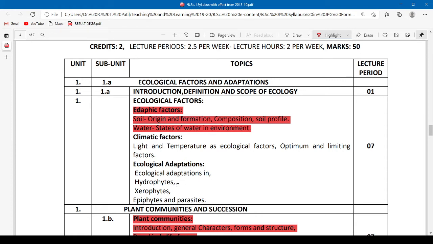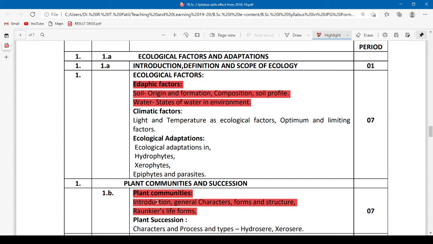These adaptations are called ecological adaptations, and you have to study these adaptations in hydrophytes, then xerophytes, epiphytes and parasites. Means how hydrophytic, xerophytic, epiphytic and parasitic plants adapt to that environment, that you have to study in this part.